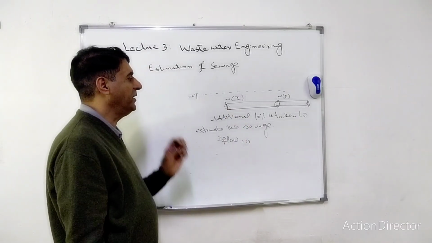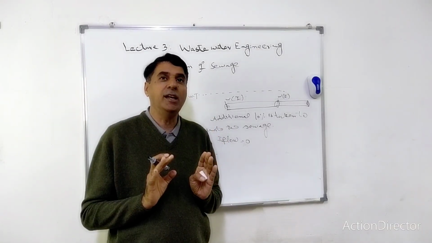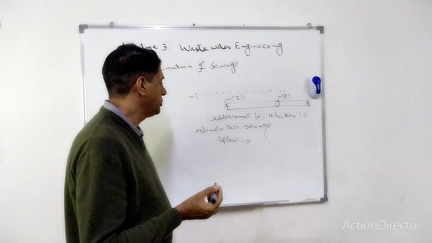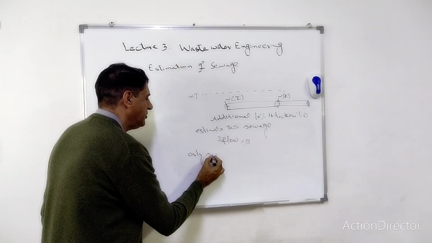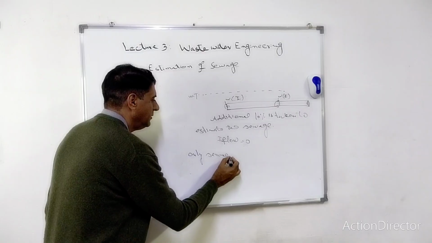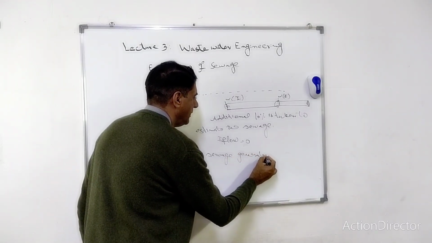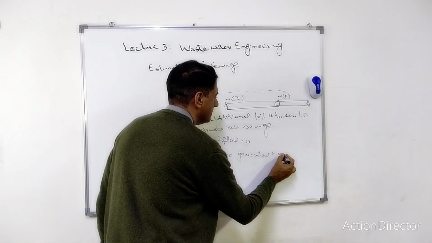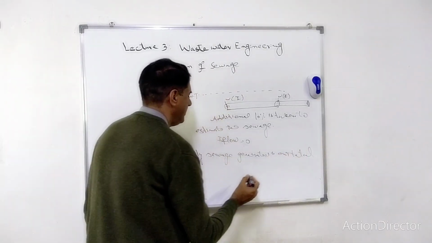It means there is no infiltration. So only the sewage generated in the house is our estimated sewage. We can write that only sewage generated is our total average sewage.